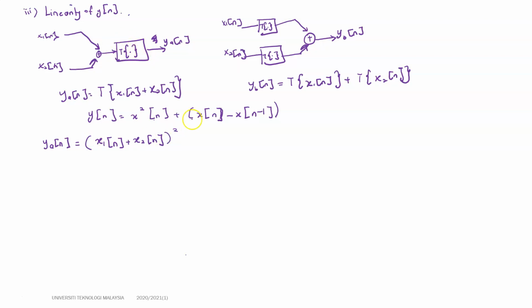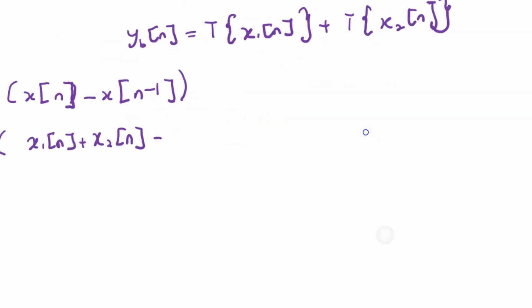And the same goes for this, in which we add first x1n plus x2n, and then goes to the system that minus another time-shifted x.